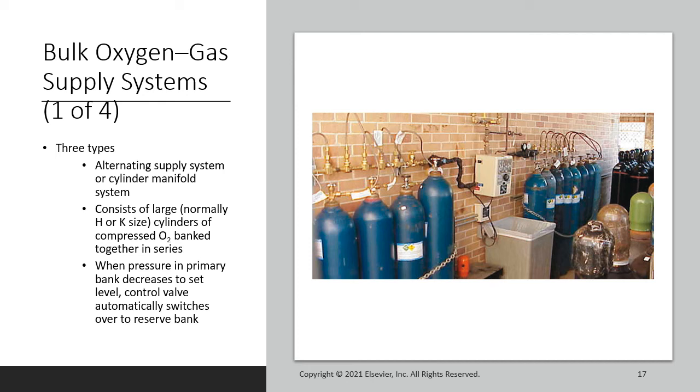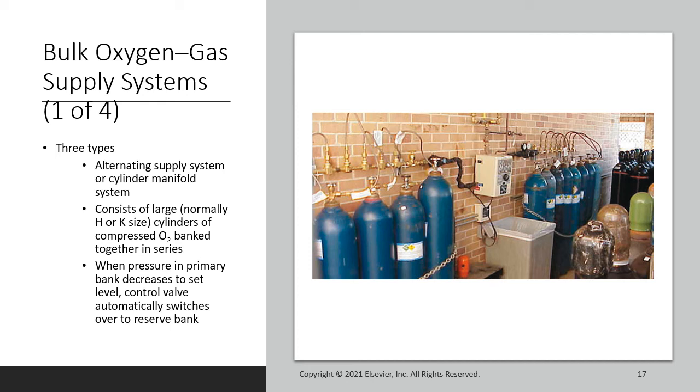There are three types of centrally located gas supply systems. One is an alternating supply system or cylinder manifold system, a cylinder supply system with a reserve supply, and a bulk gas system with a reserve. We'll talk about the alternating supply or cylinder manifold system first.